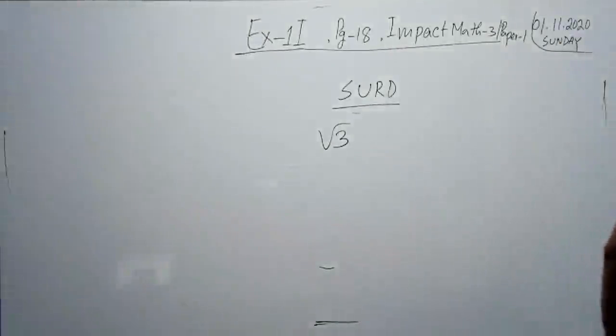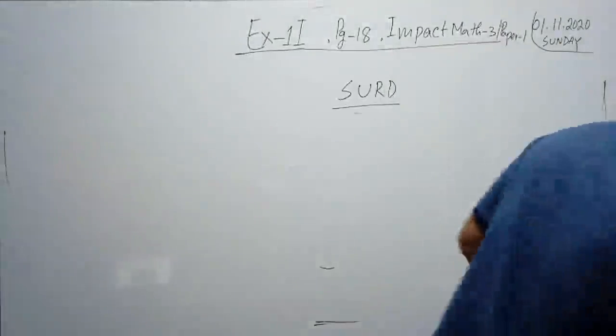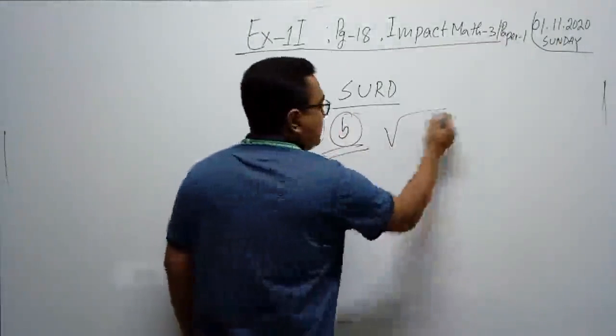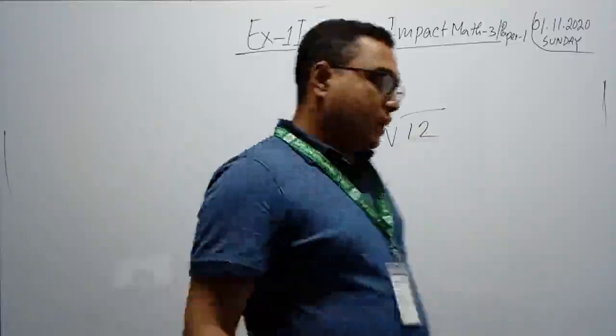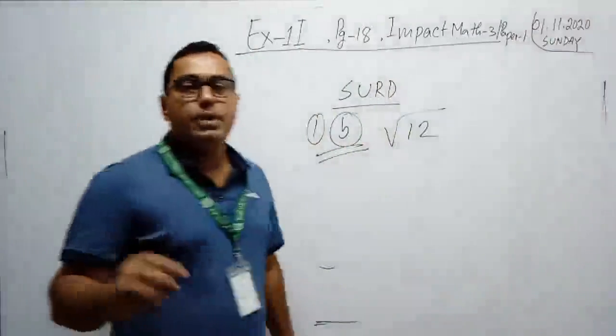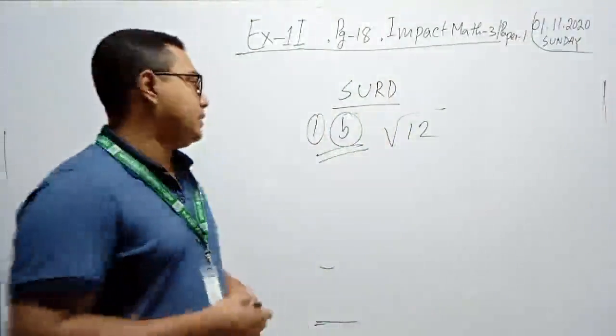Let me solve a few questions. Well, question number 1b we solve. Suppose 1b, square root of 12. The question is, write in terms of simplest possible surd.